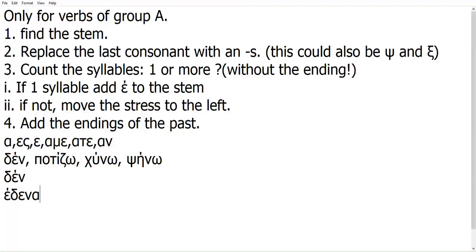Now notice, however, another detail with these verbs with the stress and this epsilon. The e can appear only if it is stressed. So again, in the first and second plural, you don't have this.